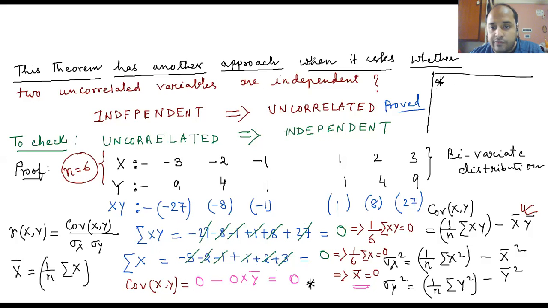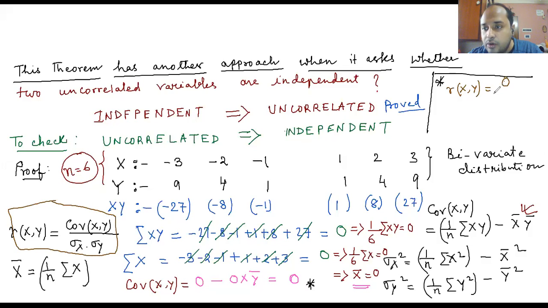Once the covariance of xy is 0, the correlation coefficient rxy is given by the formula which has been written over here, so the numerator becomes 0 and we are least bothered about the denominator. So you see, the problem is showing us that the correlation coefficient between the two variables is 0.